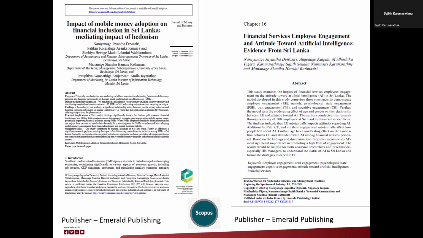Here, by simply looking at the topic, can you describe the design for this? Write it in the Q&A. I'll give you 1 or 2 minutes maximum. Looking at the topic, tell me the suitable design for this, whether it is quali or quanti. If it is quanti, what nature of question is it?